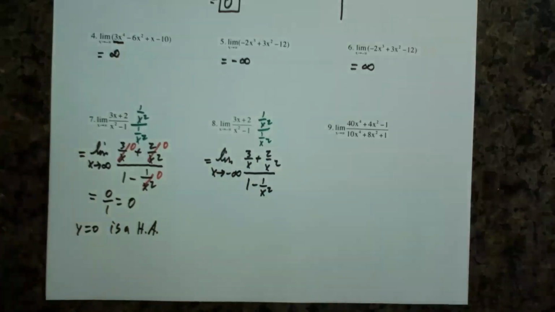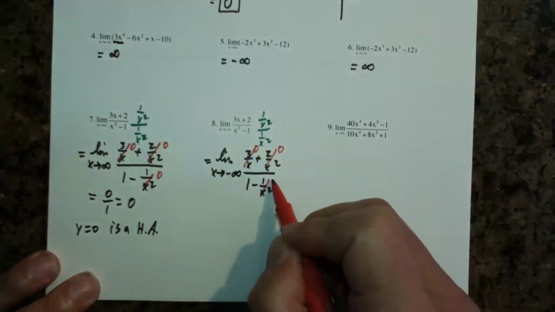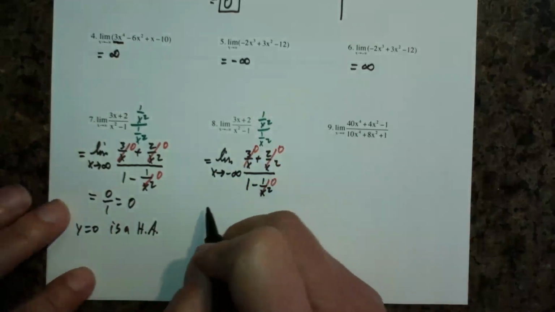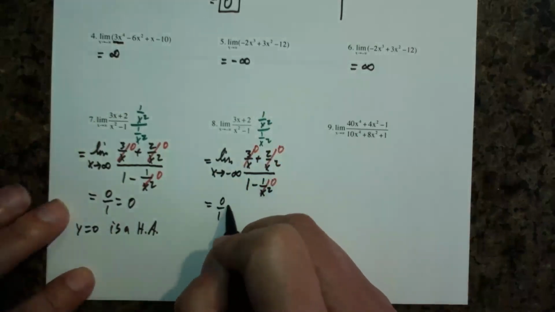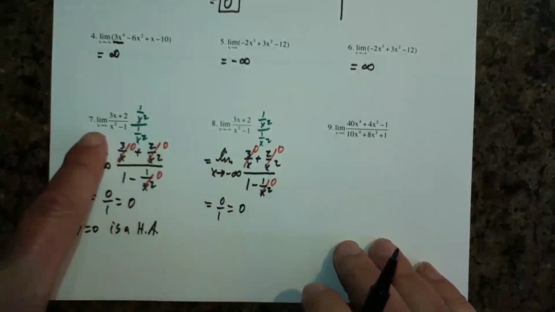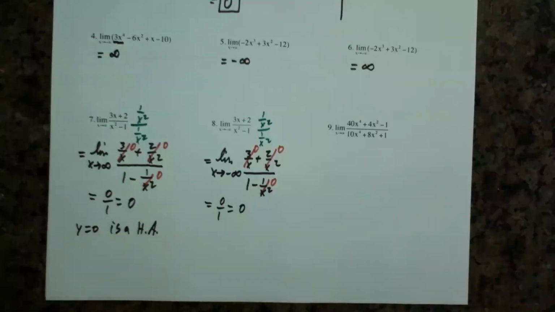Even off to negative infinity, each of these once again goes to 0, and once again we end up with 0 over 1, which is 0. And once again, in the negative infinity and in the positive infinity, y equals 0, which is the x-axis, is a horizontal asymptote.